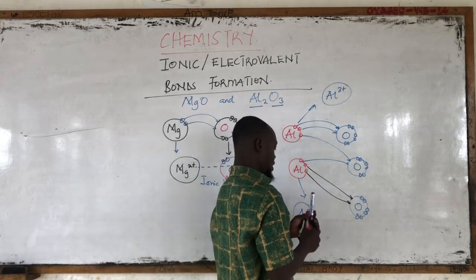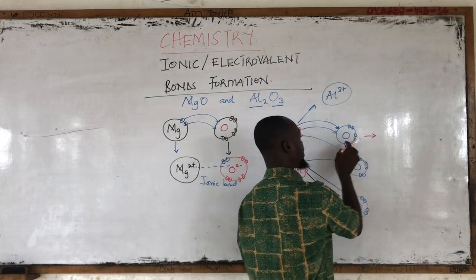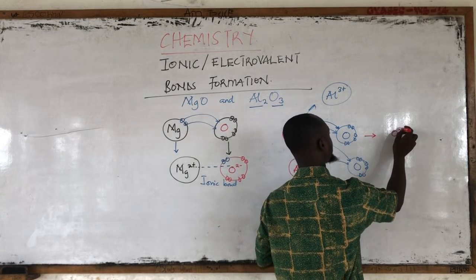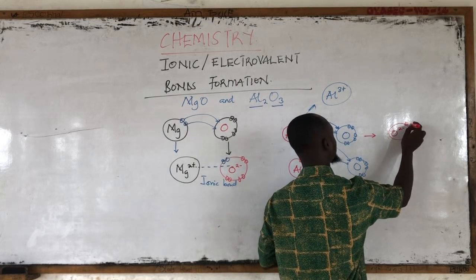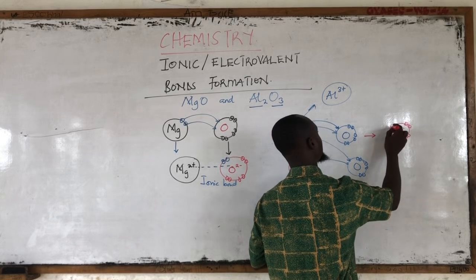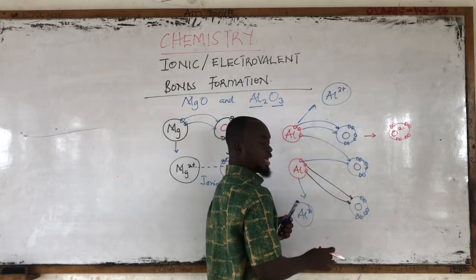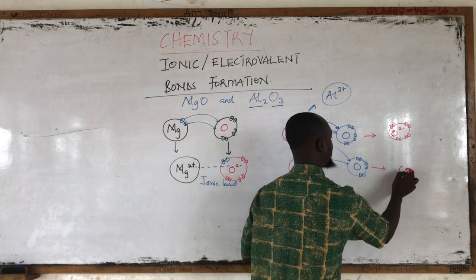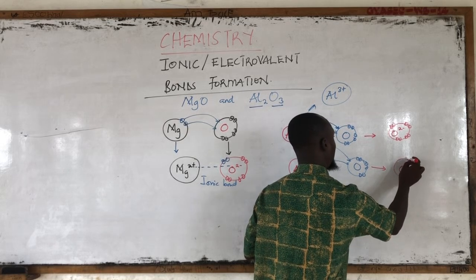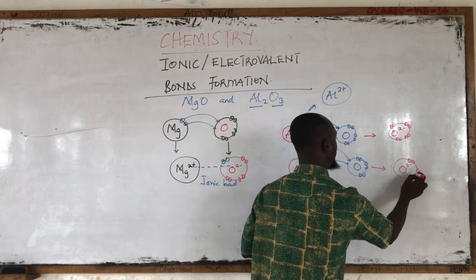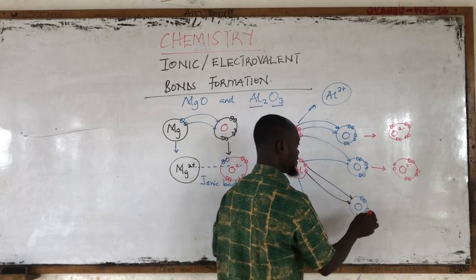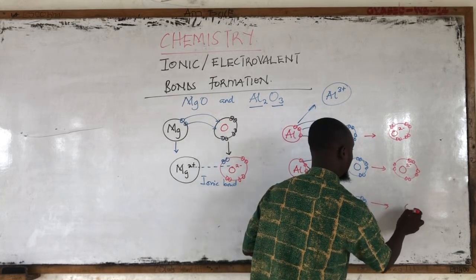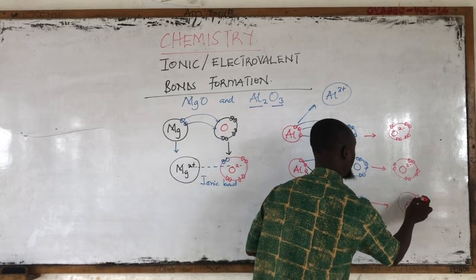Each O, after receiving the 2 electrons, it will change to O2-, meaning that there is an additional 2 electrons being gained. So we are going to get O2- over here, another O2-, and then again another O2-.